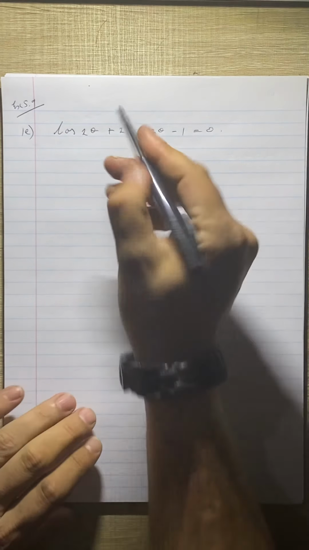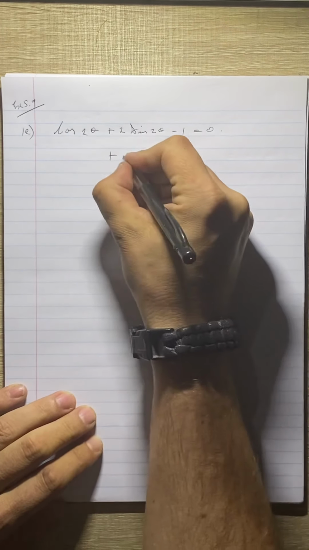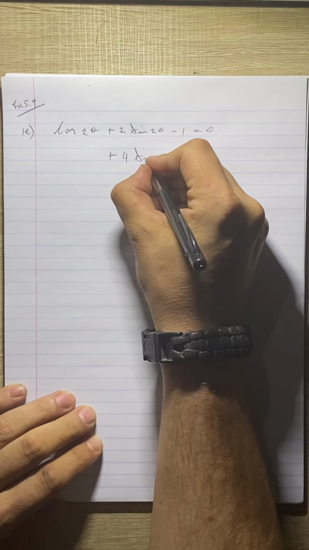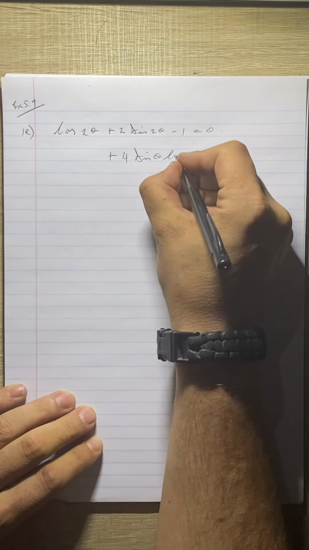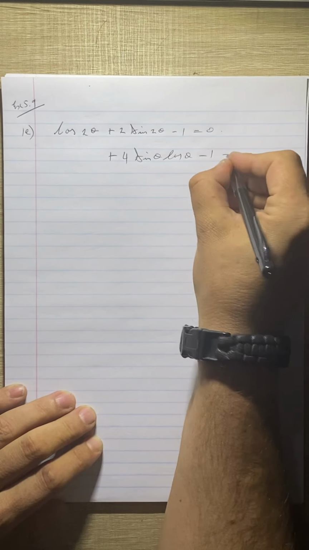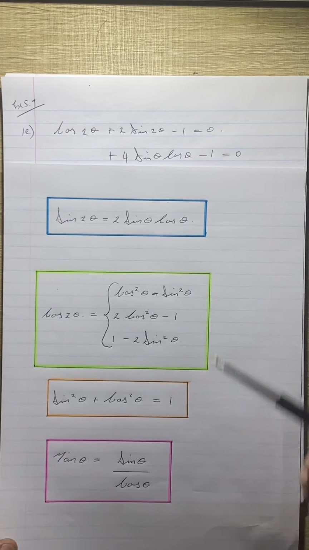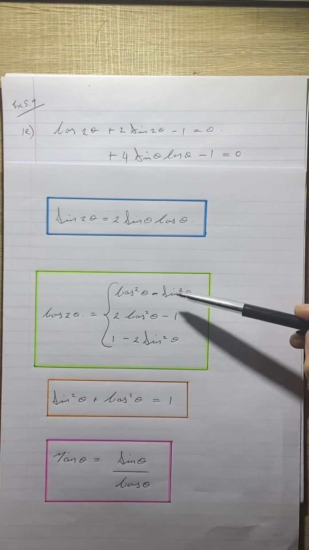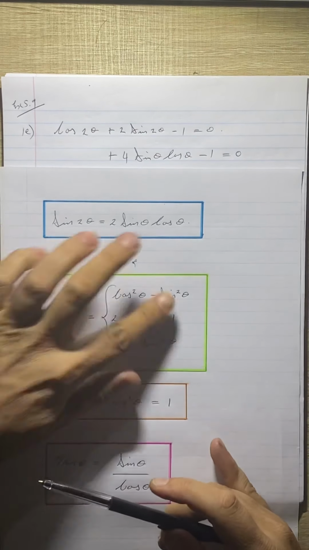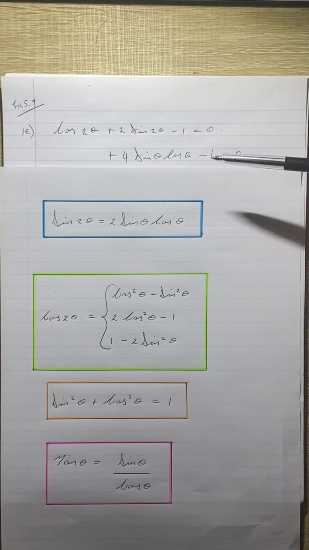So I'm going to leave this cos double angle for now, and I'm going to expand this to be 4 sin theta cos theta minus 1 equals 0. Okay, so I've just used our sine double angle. Now, I need to decide which of these three things to use for this one.